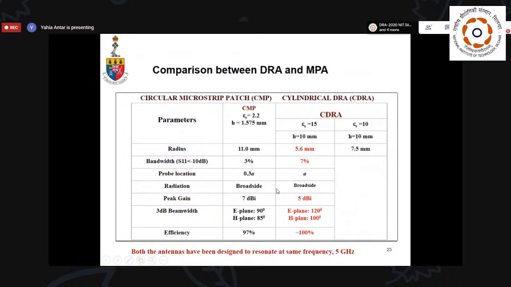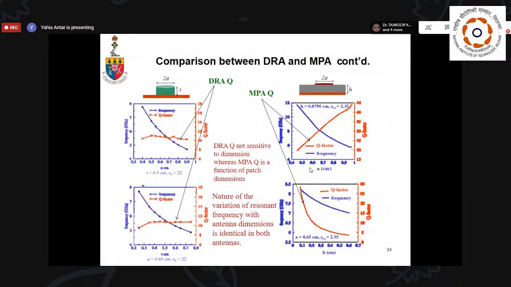And most of all other parameters are pretty well the same, except bandwidth here. DRA has inherently higher bandwidth. It's about the same gain and so on, but higher. And I'm sure you have seen before, and you'll see some here, where the bandwidth enhancement has exceeded many designs.